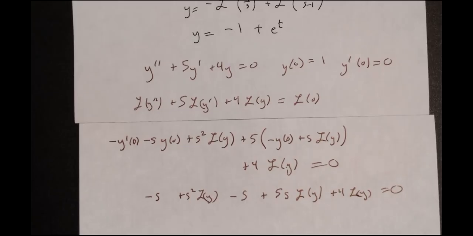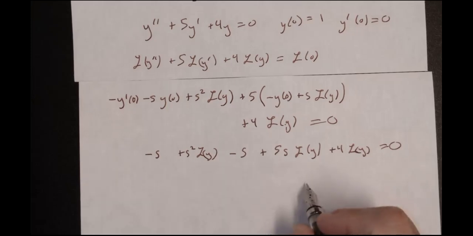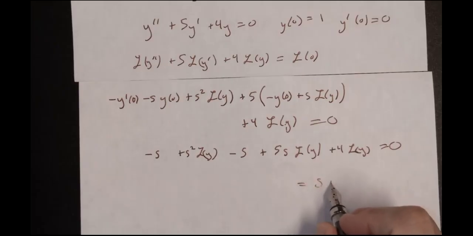I apologize in advance for having s's and 5's in the same problem. If this pisses you off, change the letter. Just don't use t, because we're using t for the other part of the transform. I'm going to put everything that has an L of y on the left and everything that doesn't on the right. So on the right, I'm going to get s plus 5.